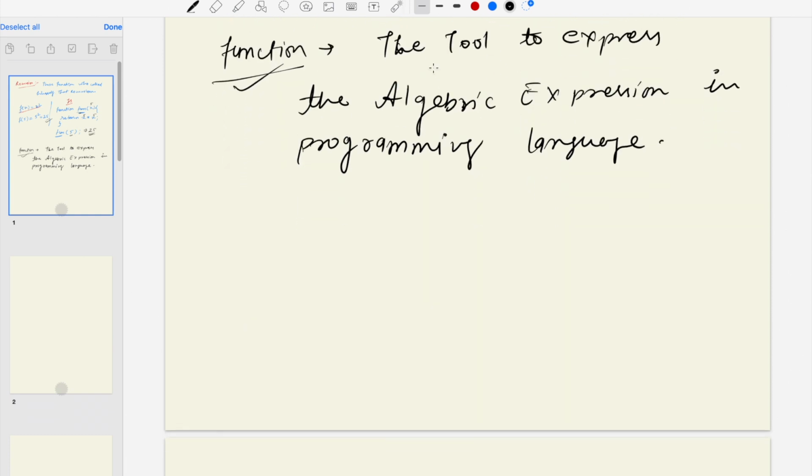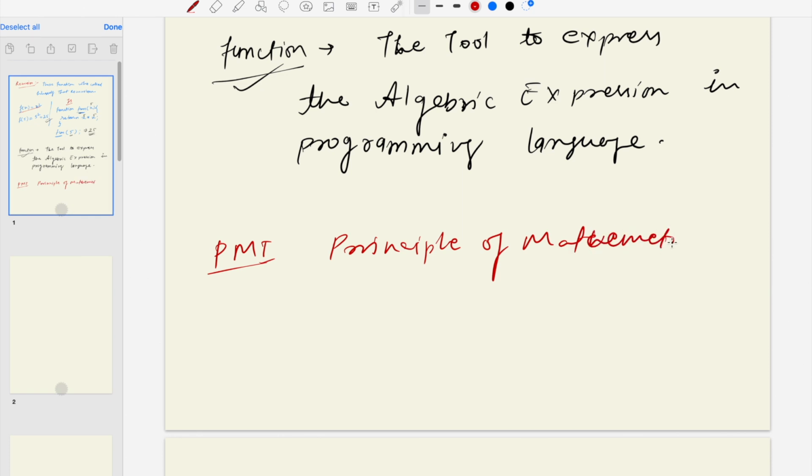Now, in algebra we probably studied in 11th and 12th grade PMI, the principle of mathematical induction. We studied it a very long time ago, right?